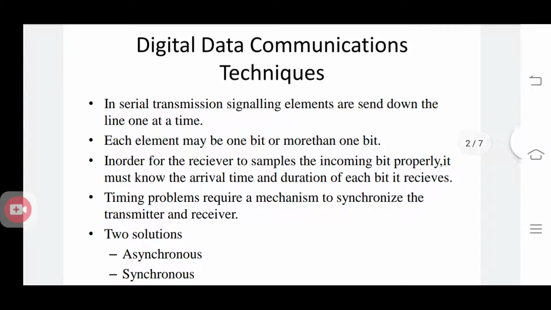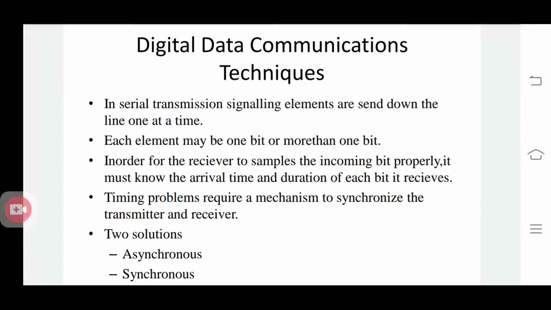Now we can study the digital data communication techniques, the types of errors that are present in digital data communication, and how these errors are detected and corrected. What are the mechanisms that are used for detecting and correcting errors? All these should be studied in this module. So first we can study what are the types of digital data communication techniques.